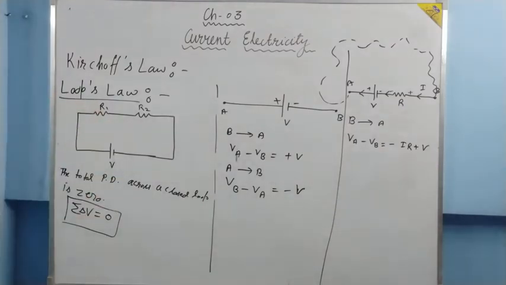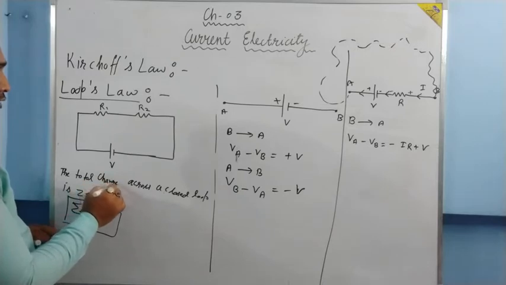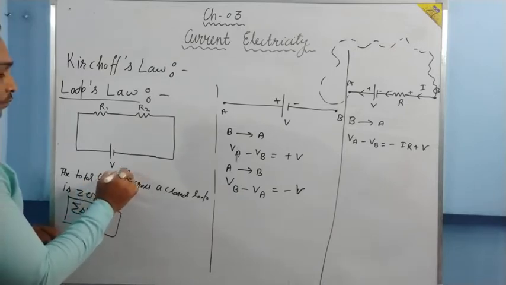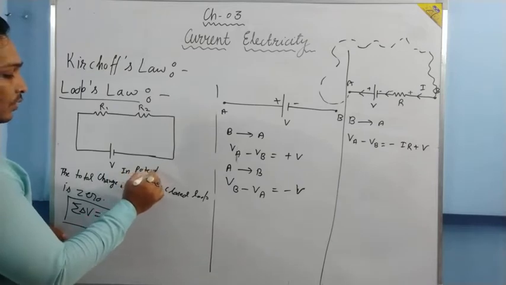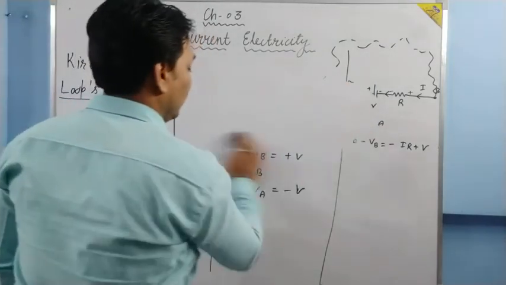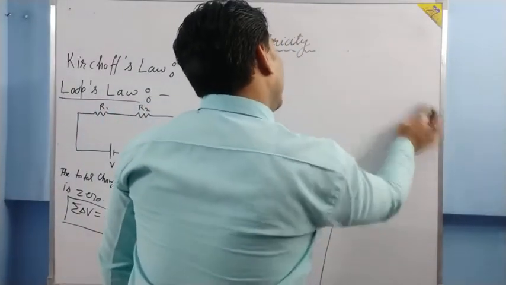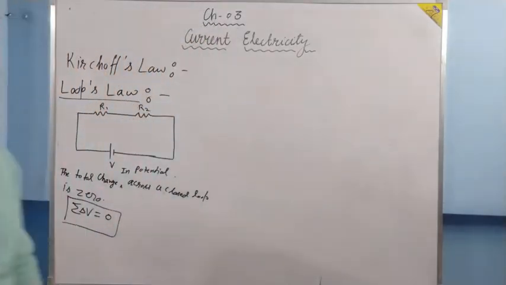Loop law says that the total potential difference across a closed loop is 0. The change in potential, you can say. Let us write the total change in potential across a closed loop is 0. Let me give you an example so that you can understand how a loop law is applied.